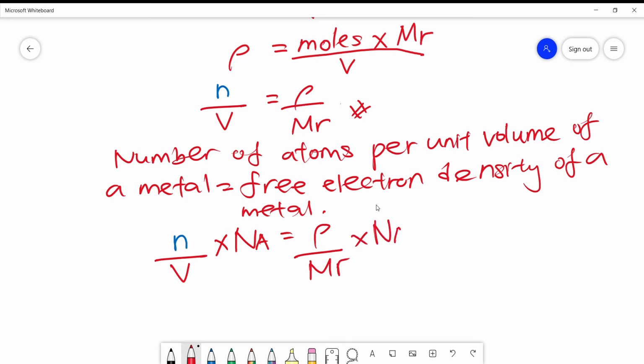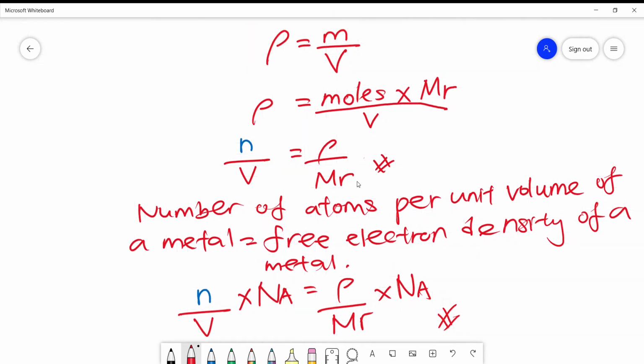Finally, I can conclude that the free electron density of a metal is equal to the density multiplied by the Avogadro constant divided by the molar mass. So this is the free electron density. Alright, so we have done the introduction.